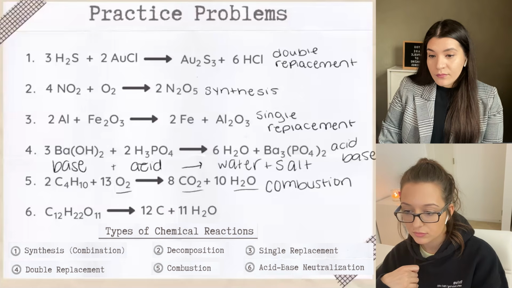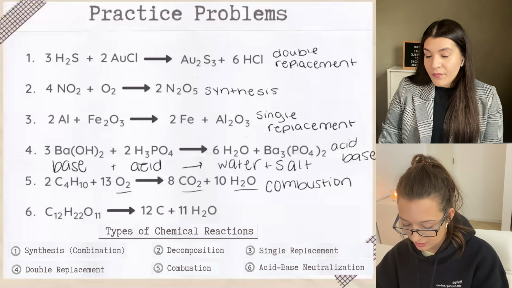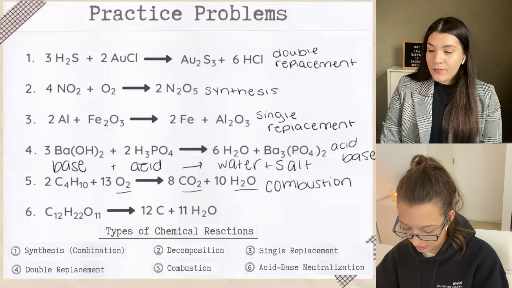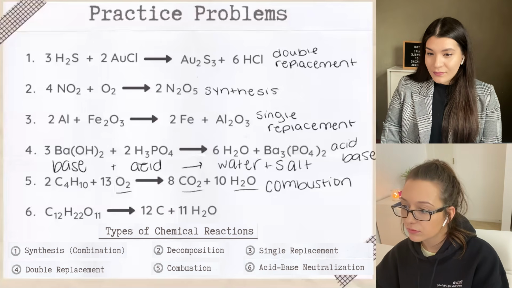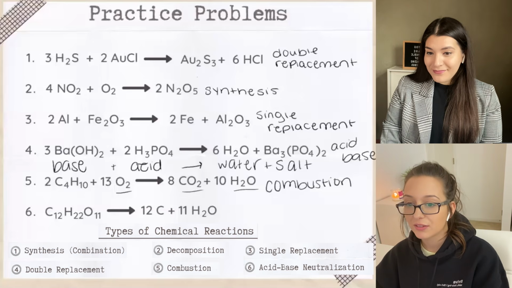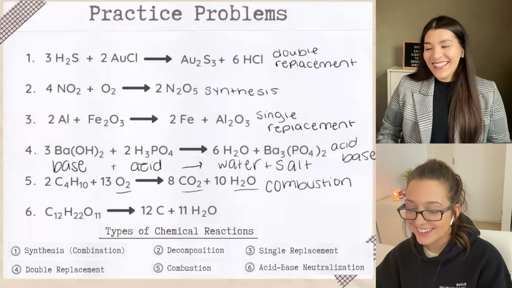Got it, okay. And then this one, we have C and H and O, and then C plus H2O. I know technically it should be decomposition, because that's the only one left, but I'm trying to figure out why.